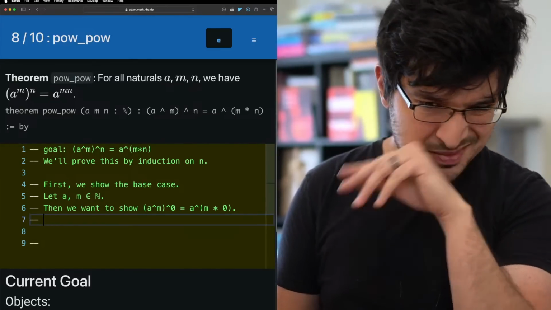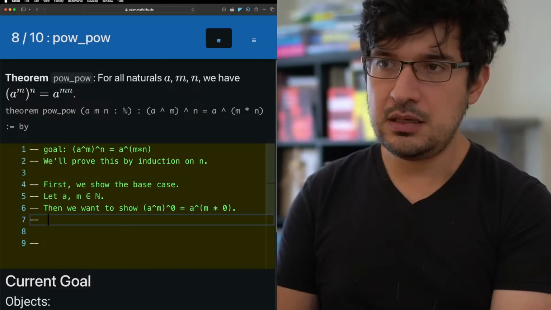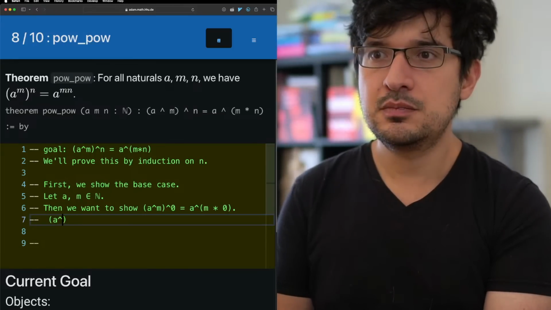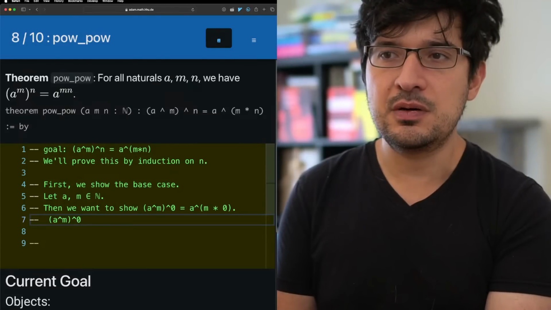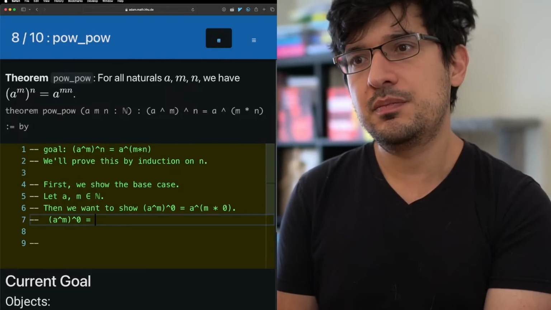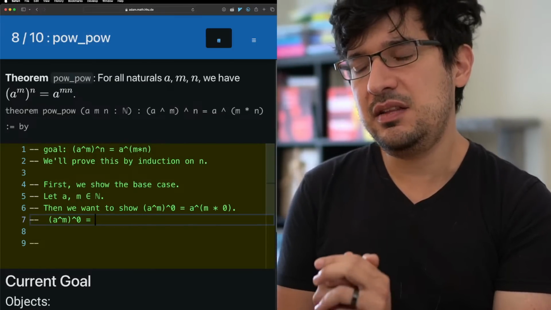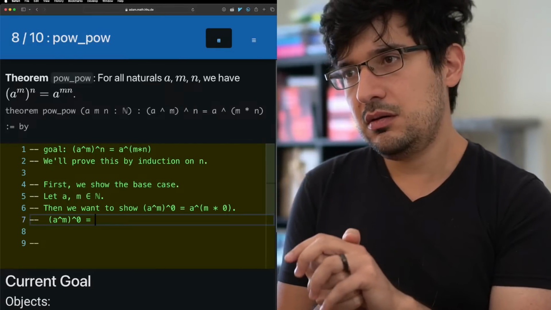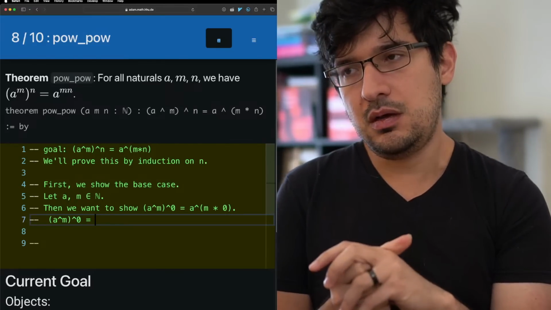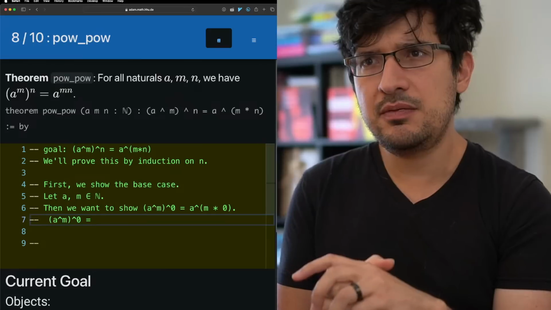So it's okay to do something like centering, and say a raised to the m raised to the 0. I think that we have anything raised to the 0. Do we already have... Okay.